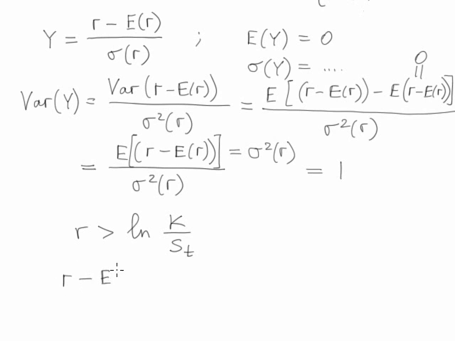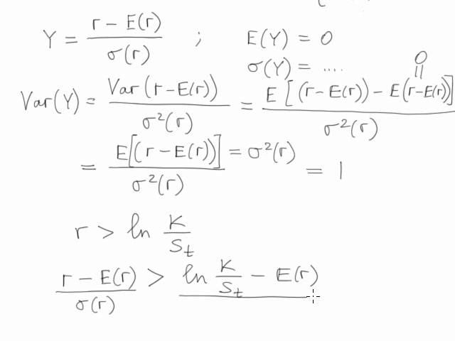R minus the average value of R should be more than the logarithm minus the same quantity. Then we can divide by sigma of R, because sigma of R is positive, and what we get on the left hand side is this variable y.